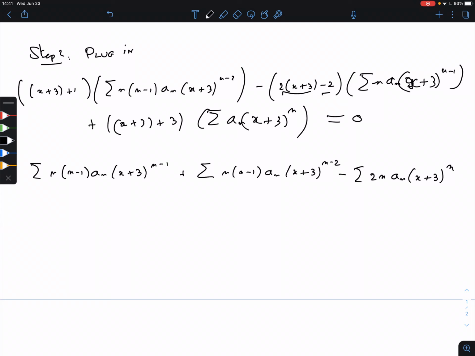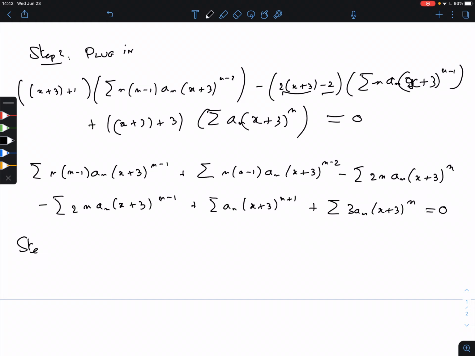That's the first one, right? This one will give me minus summation 2n a_n (x+3)^(n-1). The power doesn't change here. And then finally plus summation a_n (x+3)^(n+1) plus summation 3 a_n (x+3)^n. And that's equal to 0.